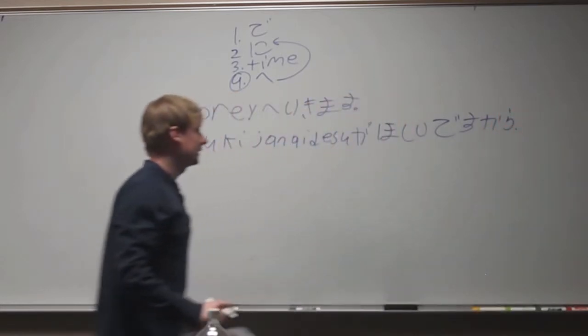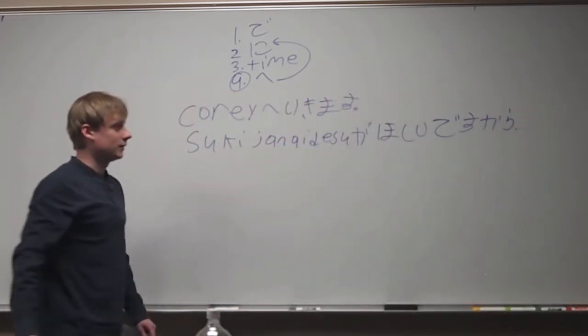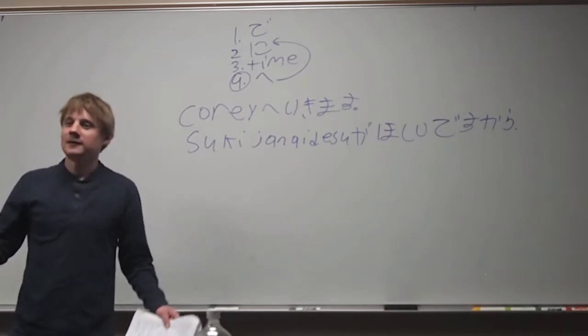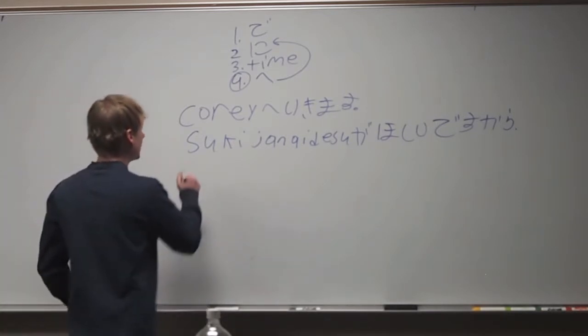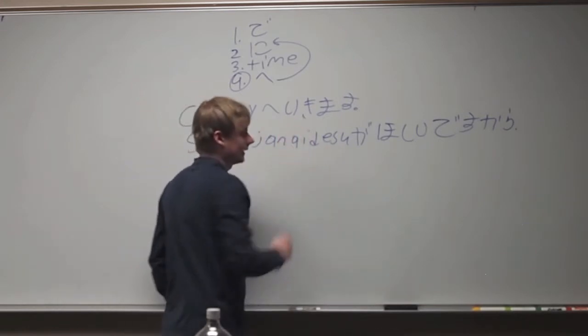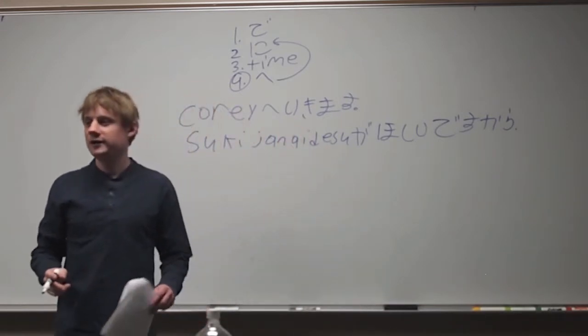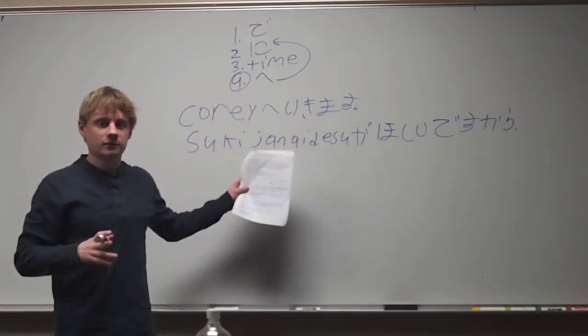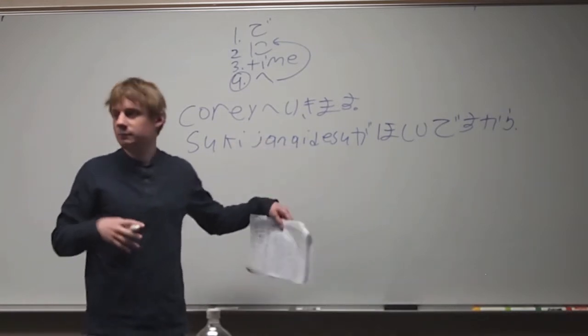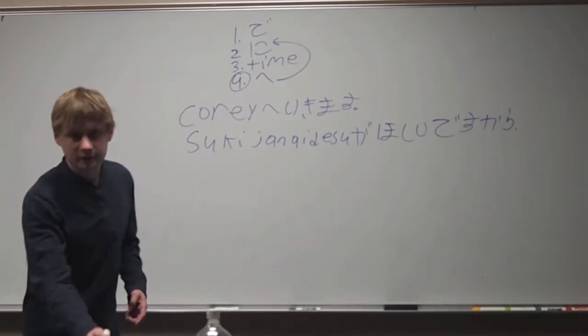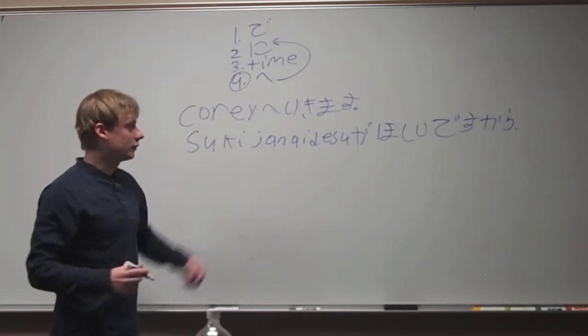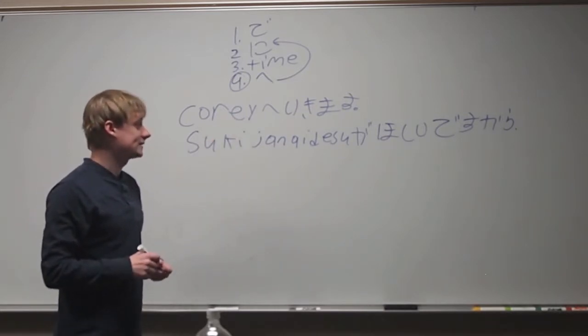Kara. Okay? I'm not going to translate this part at all. But it says, I'm going to Kori, which technically is a joke. You're not supposed to refer to a person as a place, but you probably could. Ski janai desu ga hoshii desu kara.